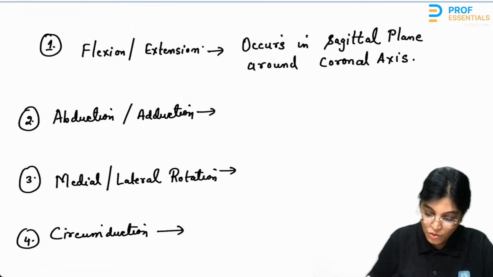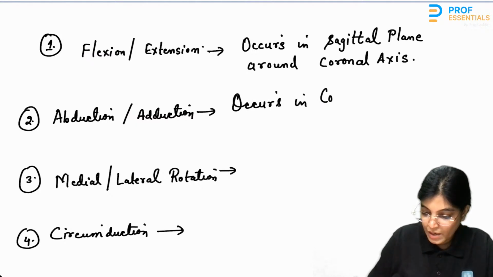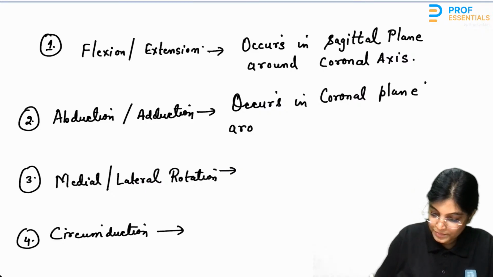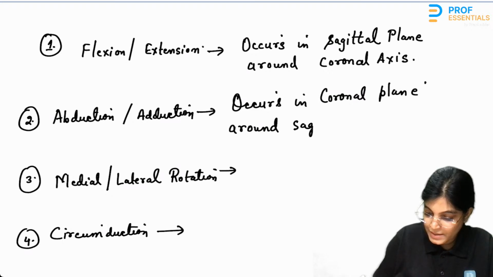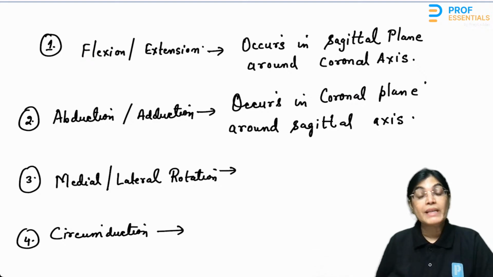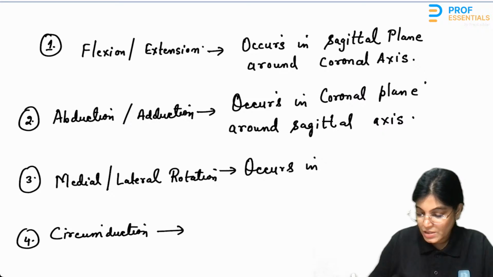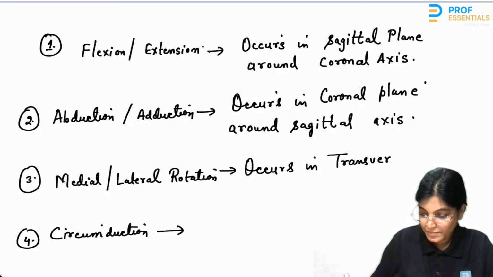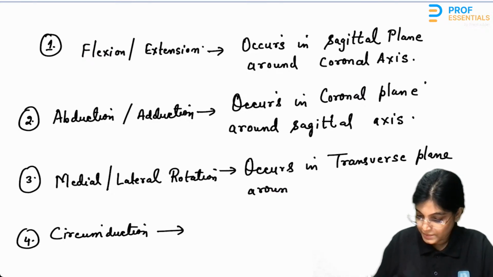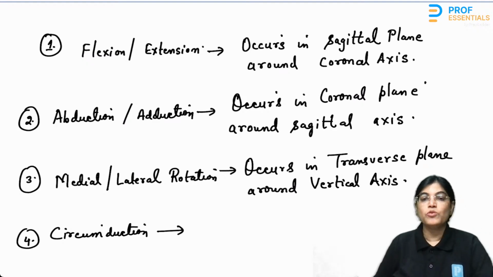Abduction adduction movement occurs in the coronal plane around the sagittal axis. Now medial and lateral rotation occurs in the transverse plane around the vertical axis. And the combination of these movements is circumduction.